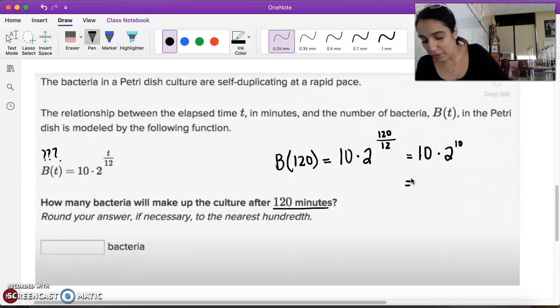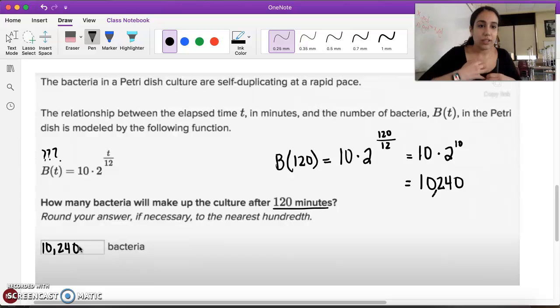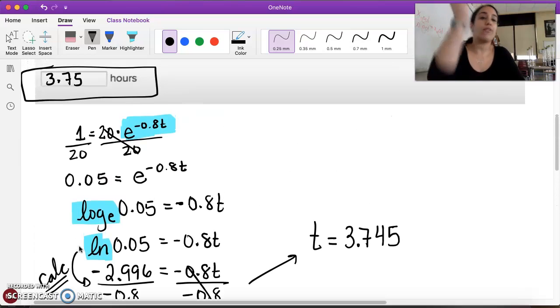So you literally have to do 2 to the 10th power times 10, which equals 10,240. So that took literally 30 seconds, versus the first one, which takes a little bit longer because you're solving for the exponent. So you are going to use logarithms.